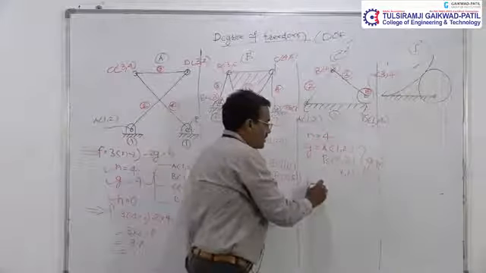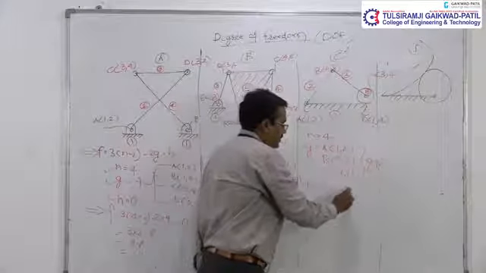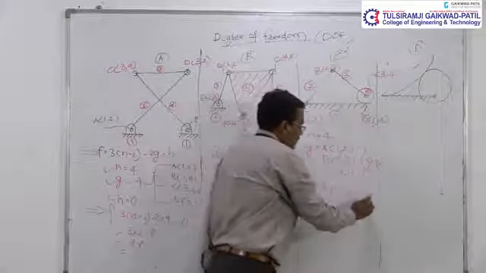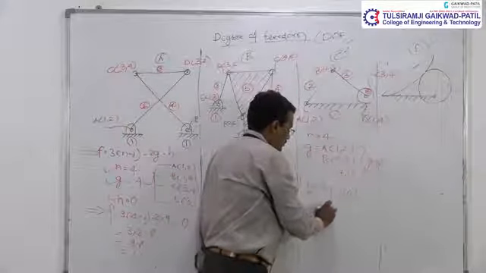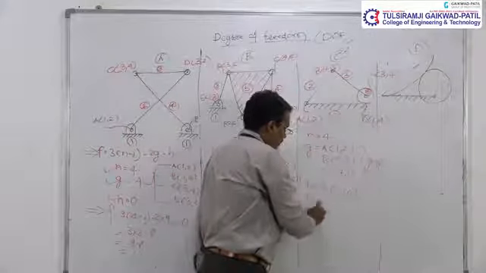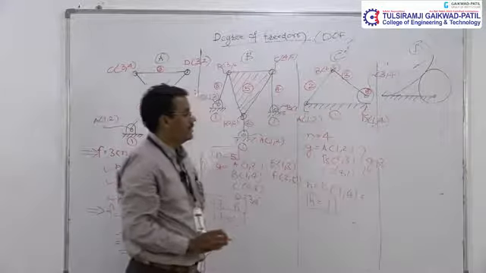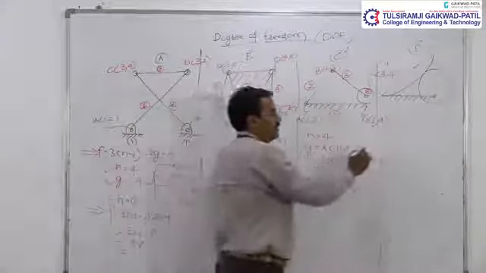So D is a higher pair and its value, H, is equal to 1. Let us put all these values in the degrees of freedom equation.